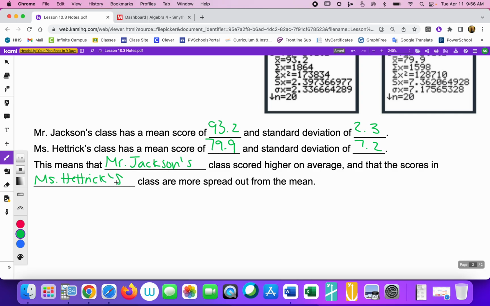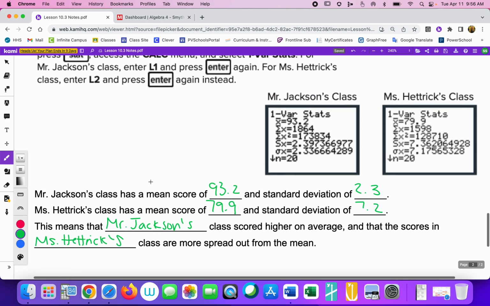So way more spread out on those. But the standard deviation shows somewhat the spread. We'll talk about tomorrow the percentiles of that. So you need to know those keystrokes by your test at the latest, but you'll do it several times for your homework. Okay.